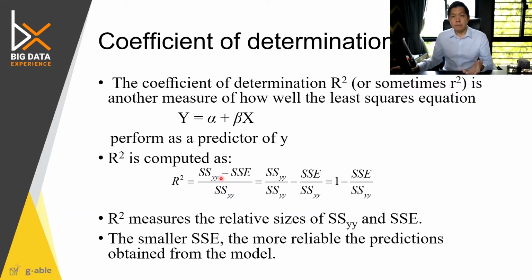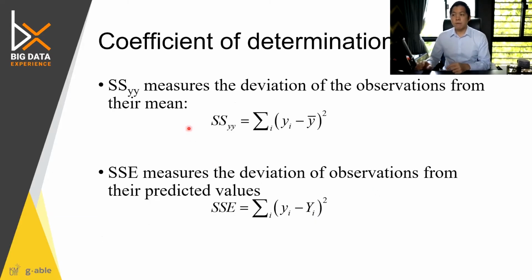Okay. For this one, we get SSYY divided by SSYY, which equals 1. And the other here gets SSE, sum square error, divided by sum square YY. Right? And we get the R square. So what are the sum square YY and sum square error? Sum square YY comes from the variation compared to the mean.